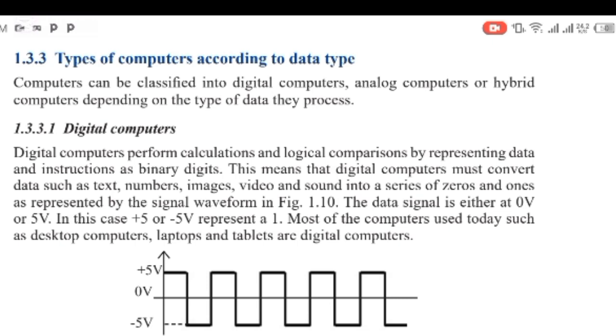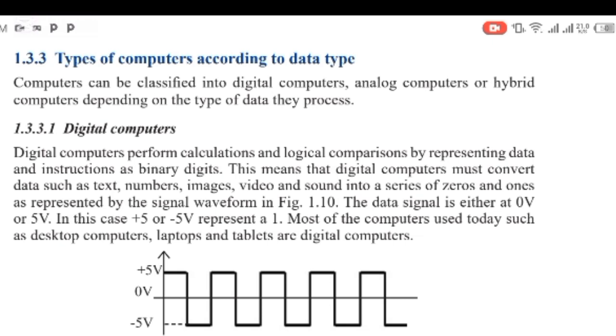Computers have different types, as we have seen. They differ in size, power, and function. It means that they also have different types.